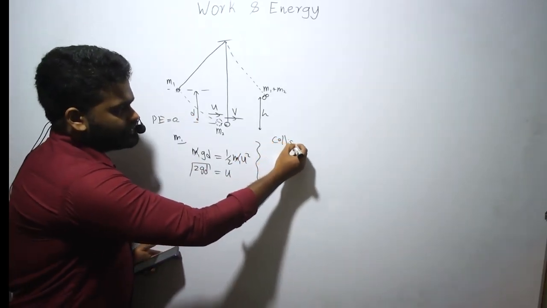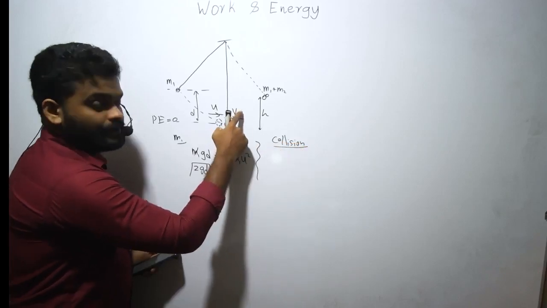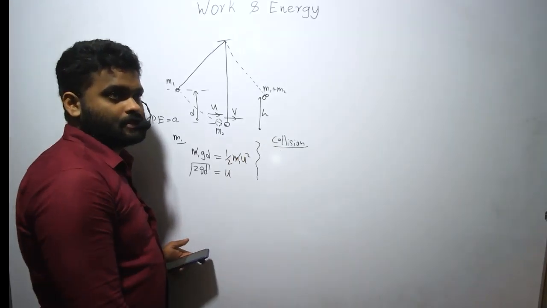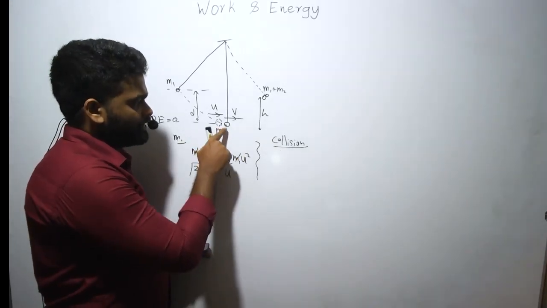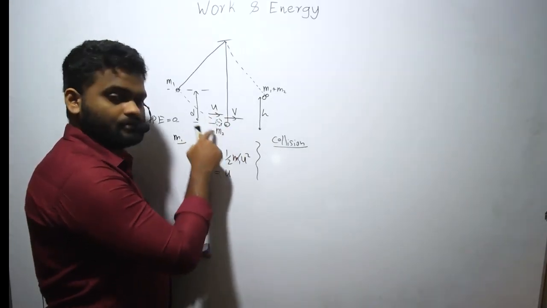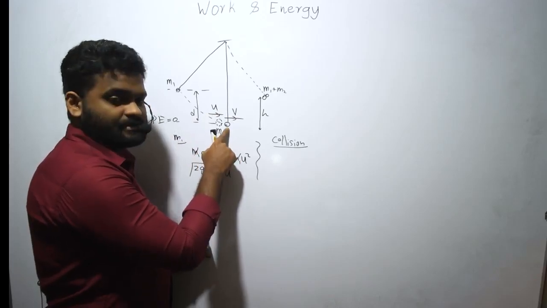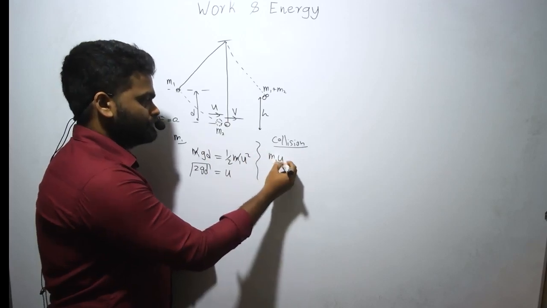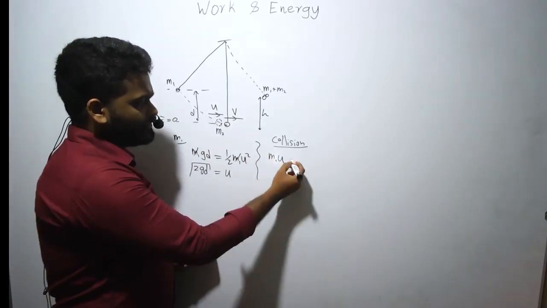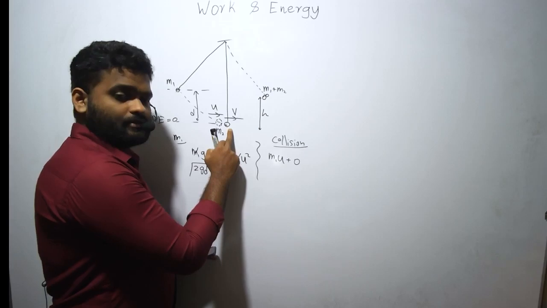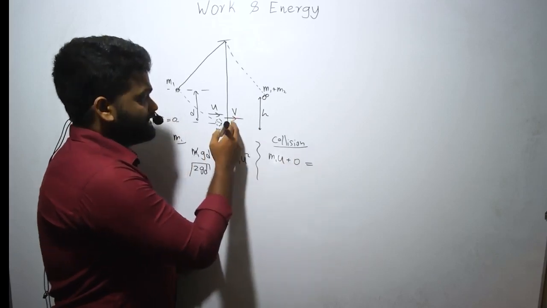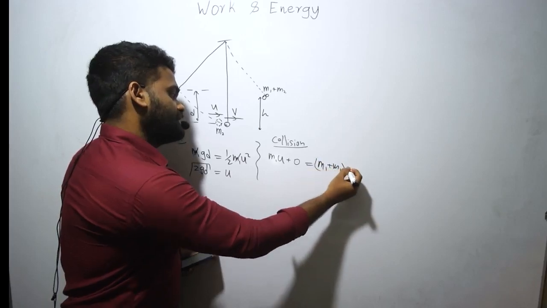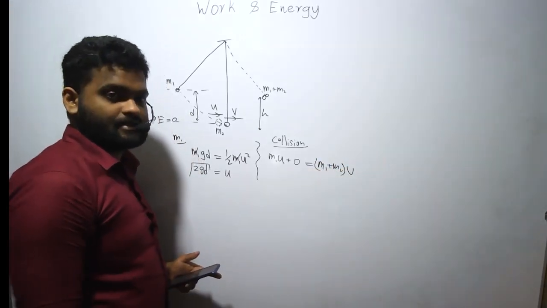Then for the collision, you need to find this v. So you have to apply momentum conservation. Just before, the momentum of m2 is 0, because it is at rest, but m1 has a velocity, so the momentum is m1 u. Then these two attach together, so m1 plus m2 both have the same speed v. That is what attaching means.